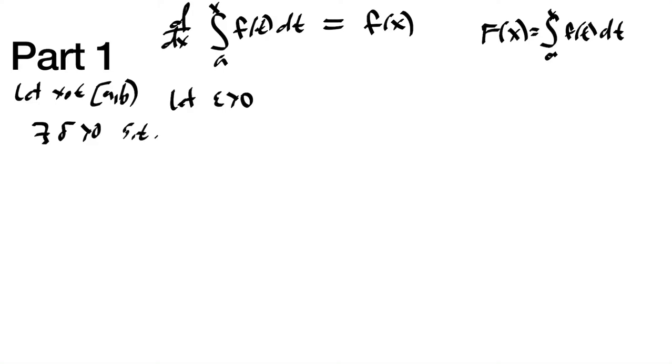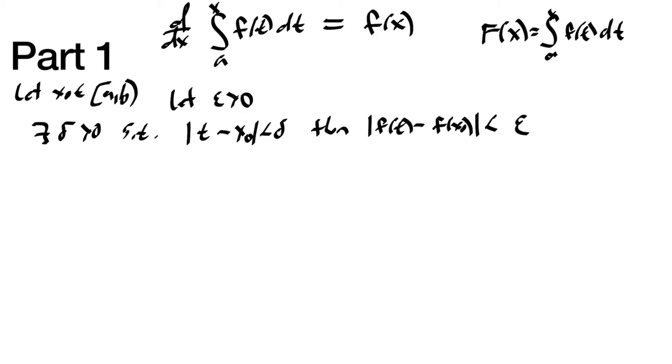And then what I know is because f is continuous, there exists a delta greater than 0 such that, if I use the letter t because it's what we're going to use whenever we talk about these f's, if the absolute value of t minus x naught is less than delta, then the absolute value of f of t minus f of x naught is less than epsilon.